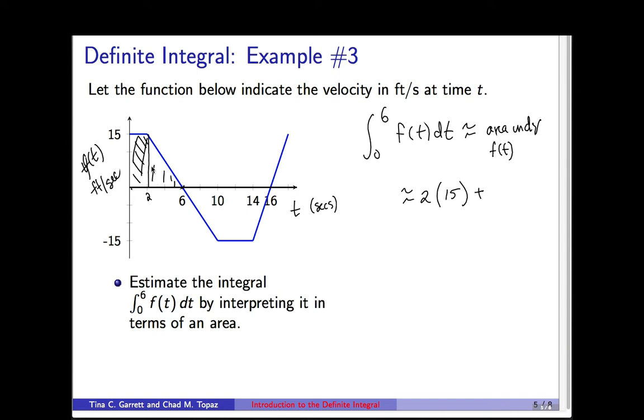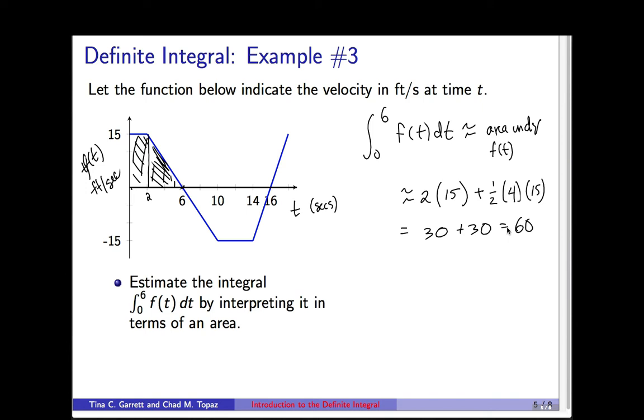And then if you look at the triangle right here, we can use the area of a triangle formula. So 1/2, the base there, the base is between time 2 and 6, so base of 4. And again, the height of that triangle is 15. So that equals 30 plus 30, and it looks like 60.